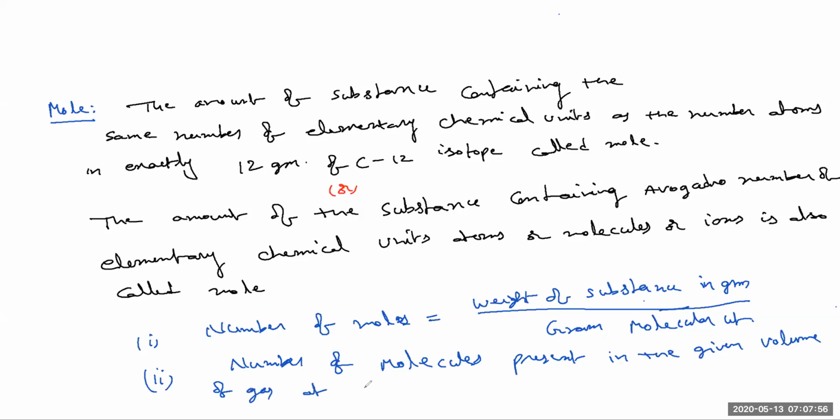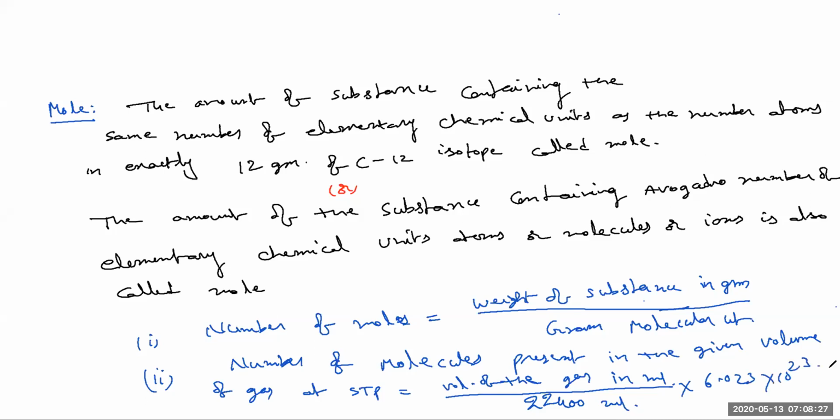That is equal to volume of the gas in ml, milliliter or cc, divided by 22.4 liter or 22,400 ml into Avogadro number, 6.023 into 10 power 23. Note down.